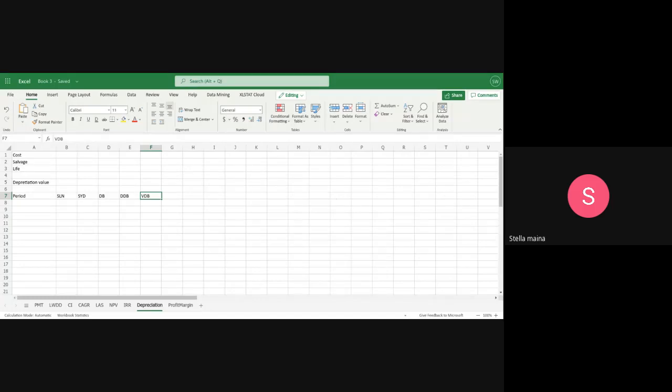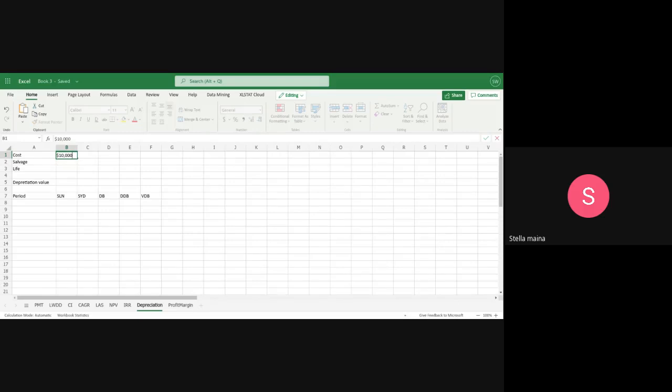In depreciation, it's just calculating how an asset is depreciating over time. We are going to consider an asset with an initial cost of $10,000. So here I'm just going to write $10,000.